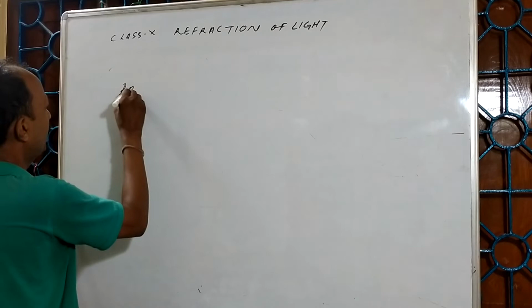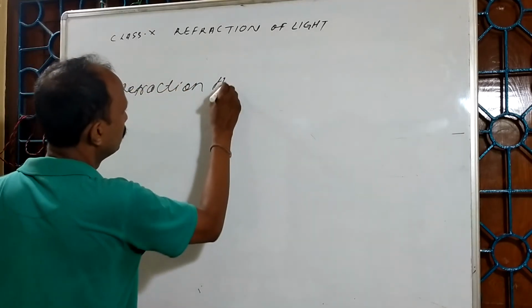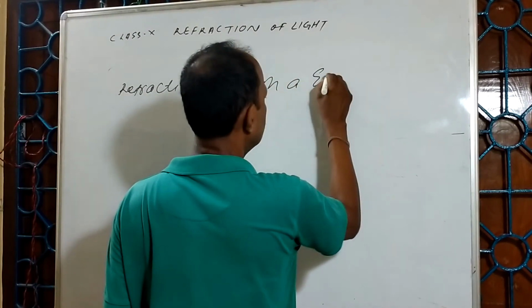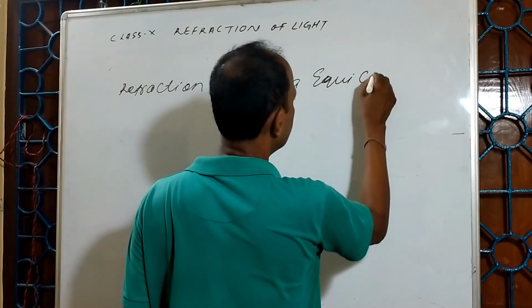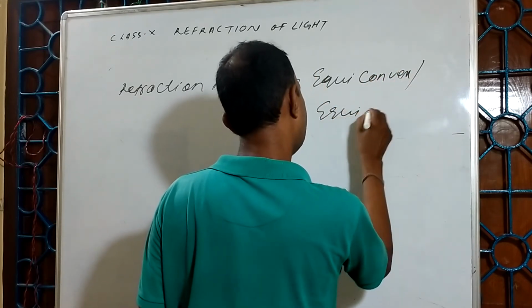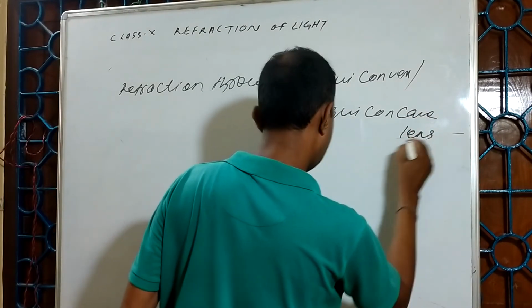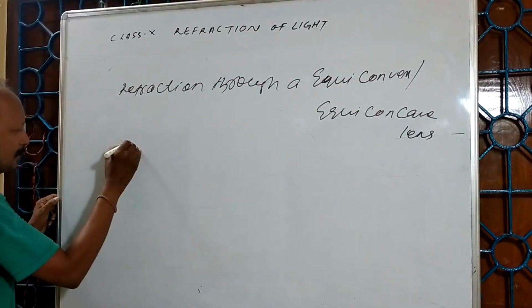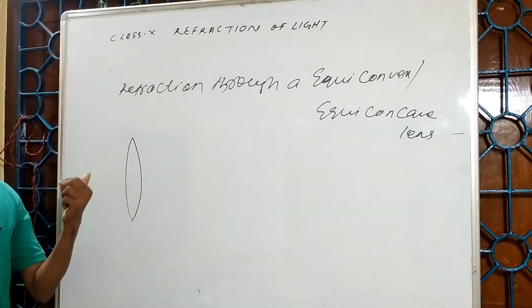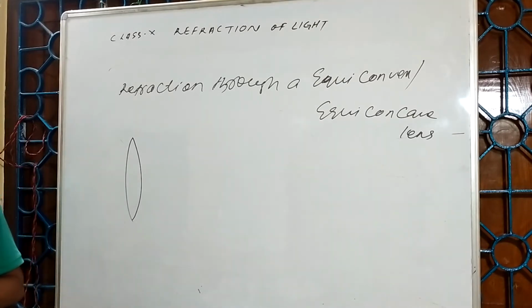So I can say that refraction through an equiconvex or equiconcave lens. This is the biconvex lens or equiconvex lens. See here.